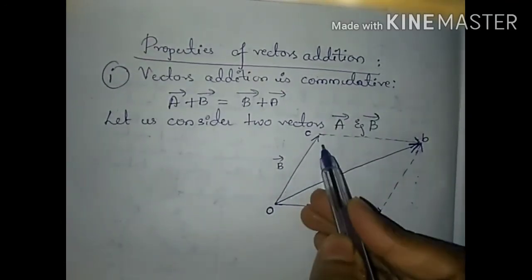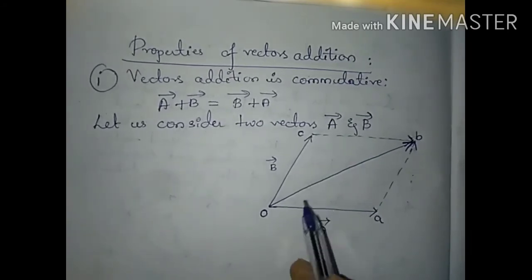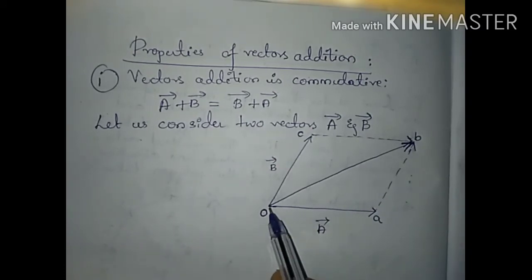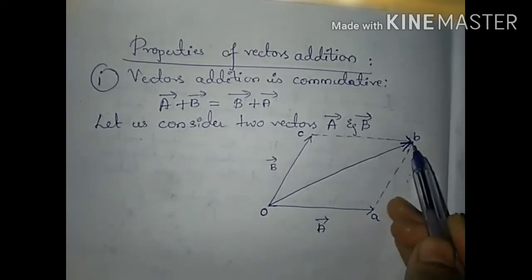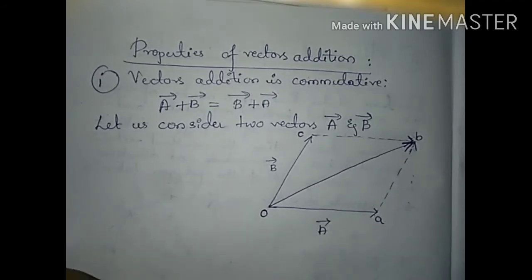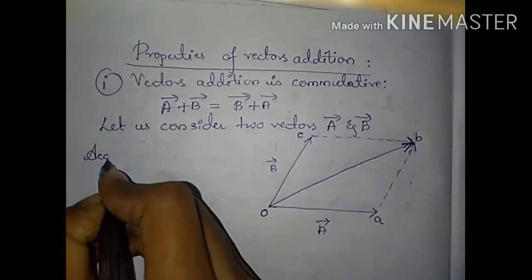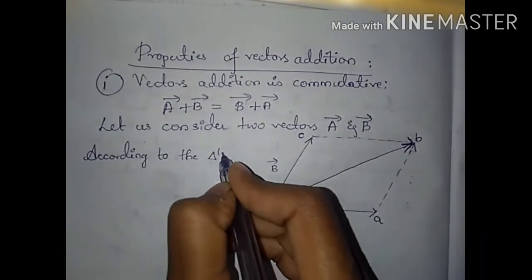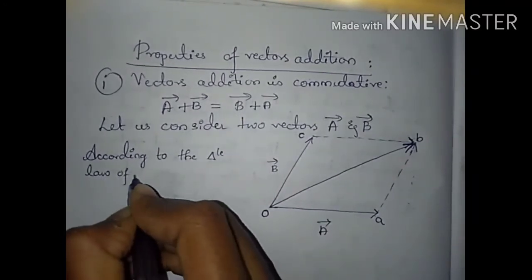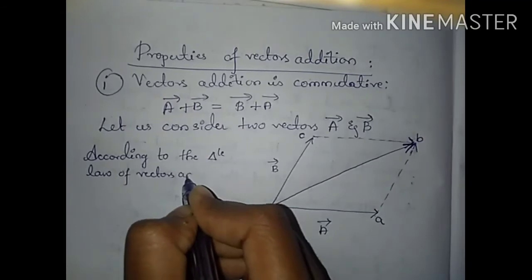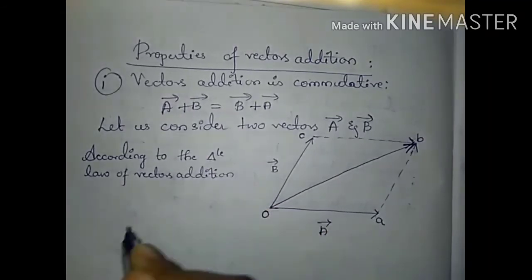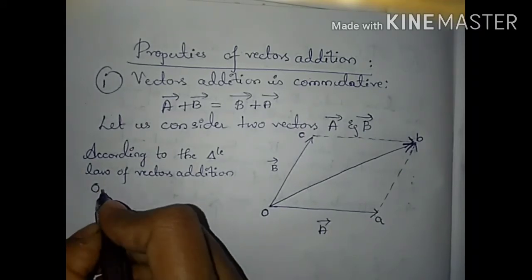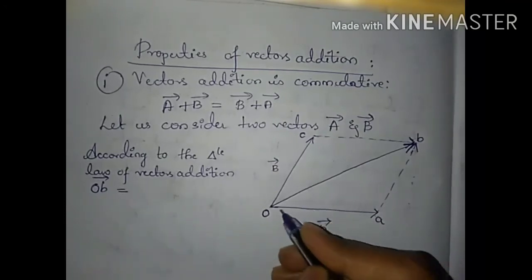Now in this diagram, let us not consider the parallelogram. Let us consider the part of the parallelogram, that is triangle, which is here. So here you have triangle OAB. So according to the triangle law of vector addition, OB can be written as what?